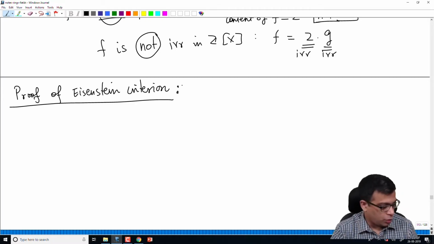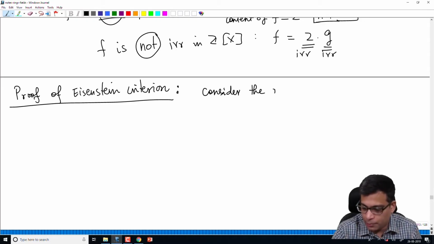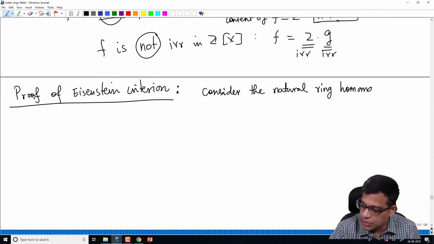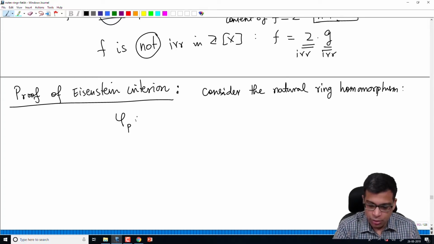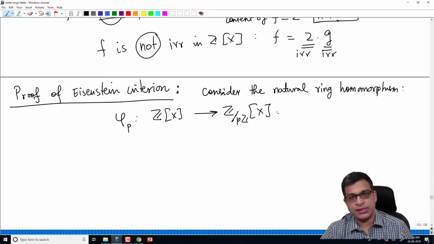So what we are going to do is consider the natural ring homomorphism phi_p from Zx to (Z mod pZ)[x]. Remember, what is this ring homomorphism?